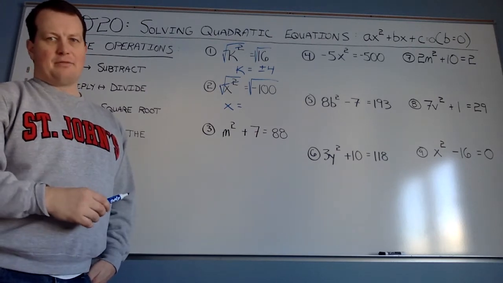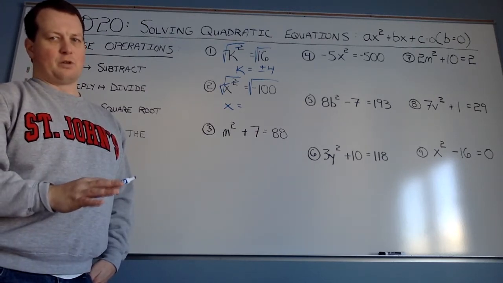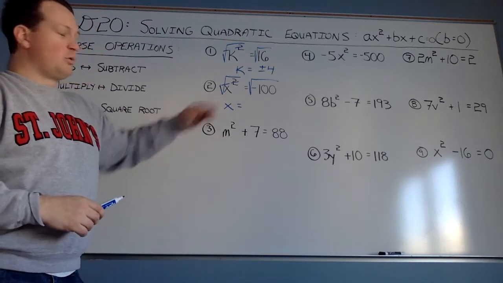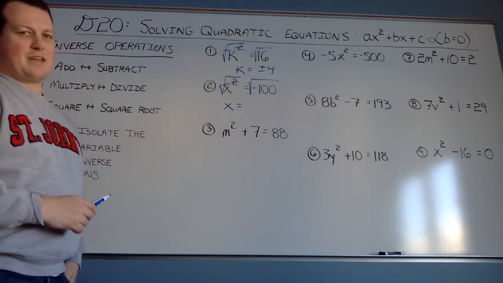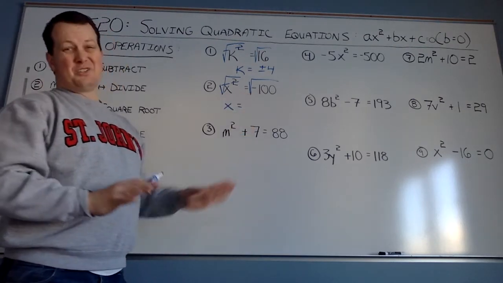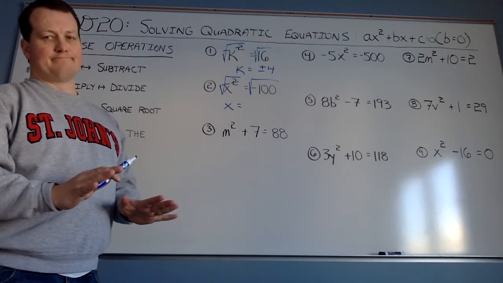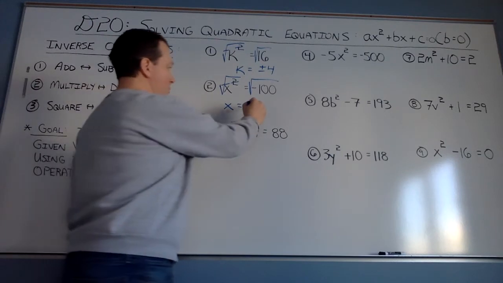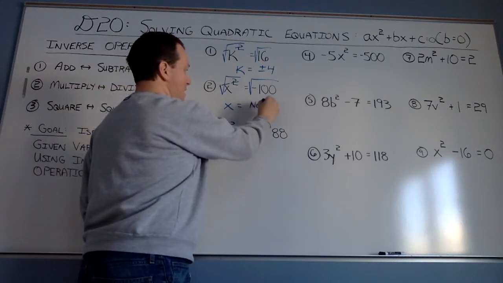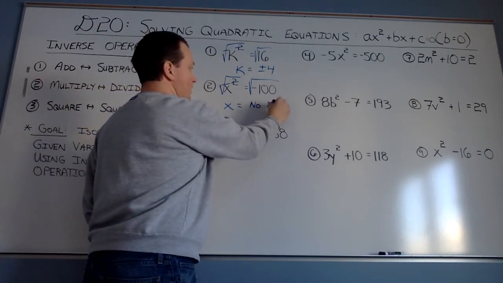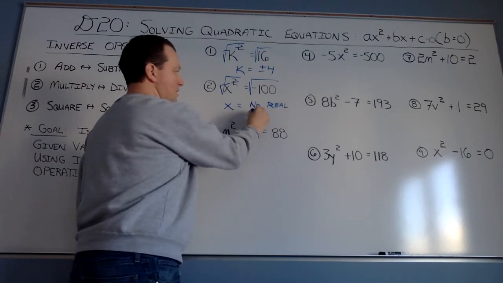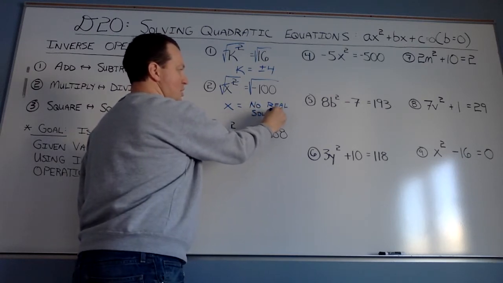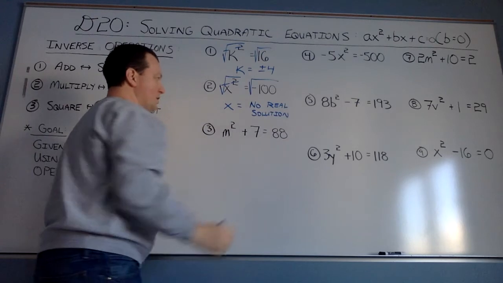In applied math, imaginary is not a real life application. So whenever we are trying to take a square root of a negative number, unless you're Chuck Norris, you can't do it, all right? We are going to say in applied mathematics that there is no real solution.